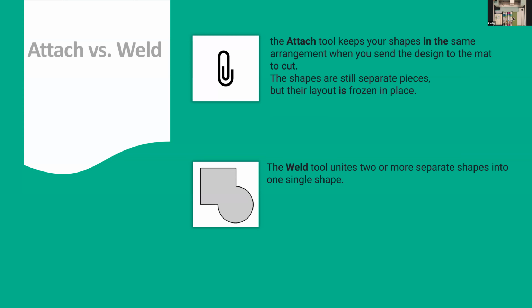Weld completely unites 2 or more layers together and converts them from multiple layers into a single layer. And there's only so many times you can go back and change it. If you weld something together and you say, no, that's not what I wanted, you could undo that weld. But there is a point where you go too many steps forward, you can't go back and reverse your weld.